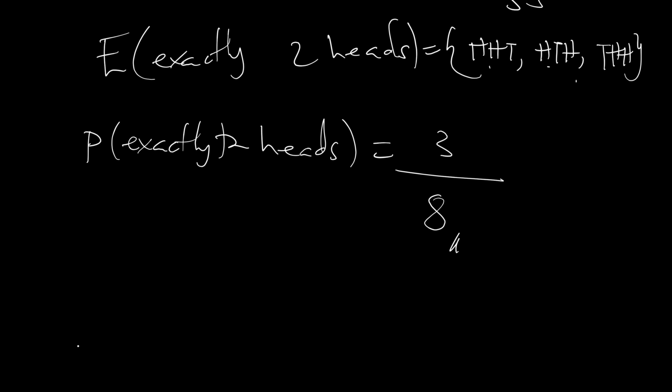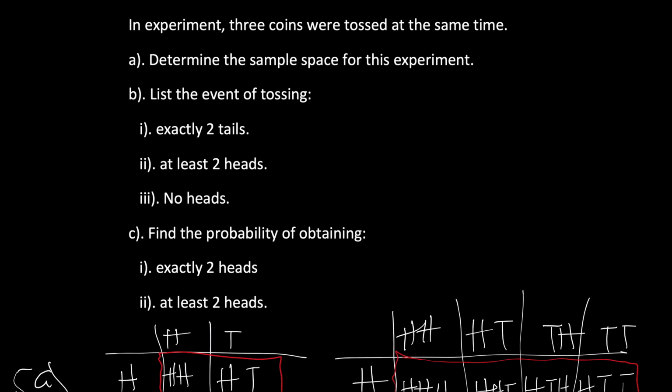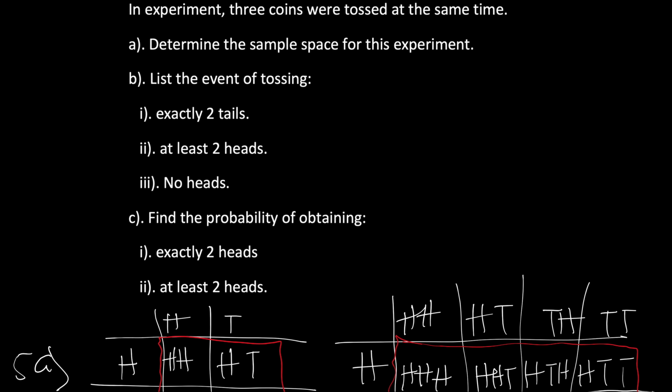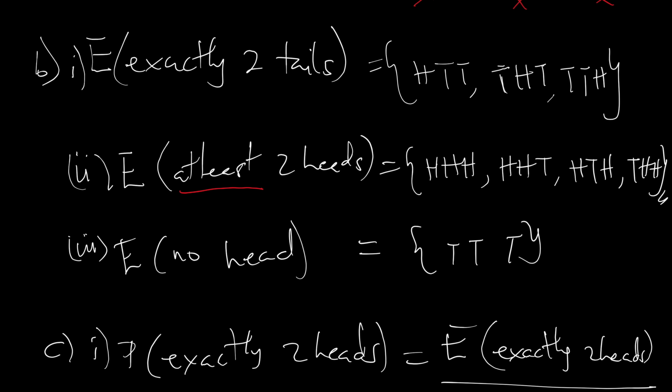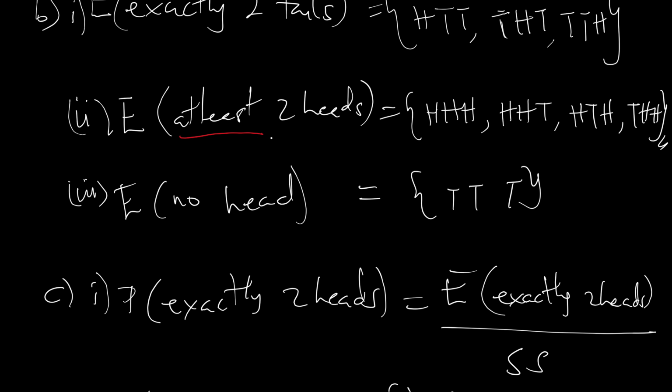Now C ii. It says, find the probability of obtaining at least 2 heads. So we know the event of obtaining at least 2 heads is 1, 2, 3, 4.